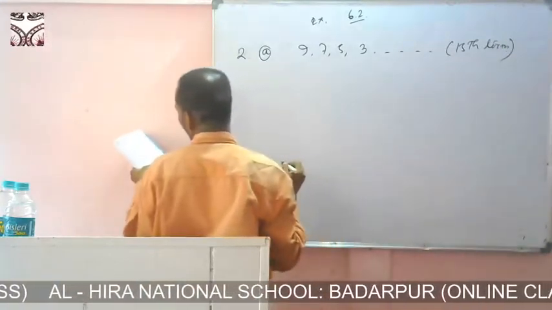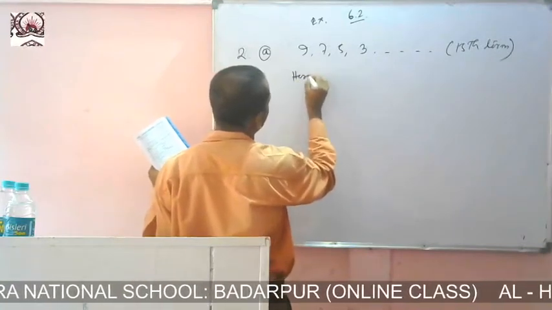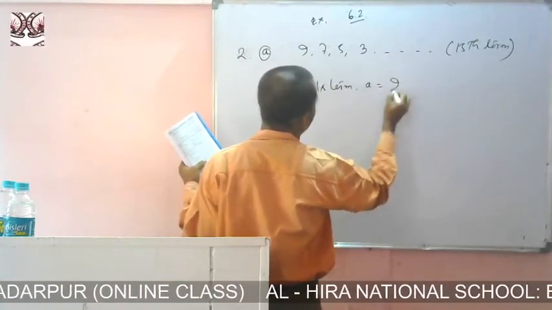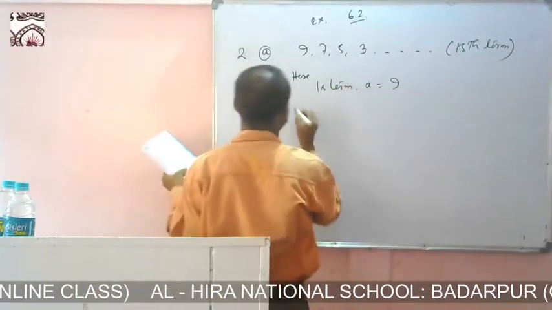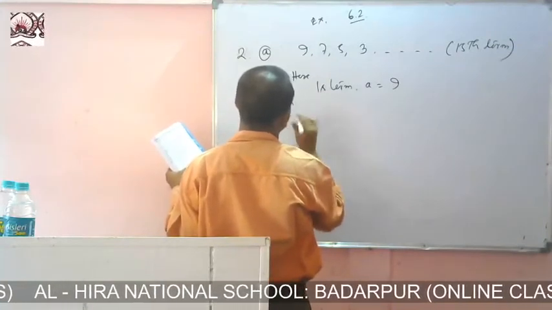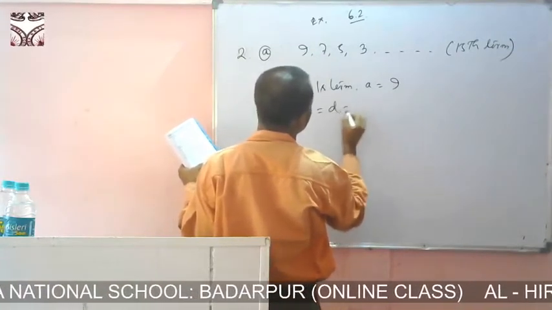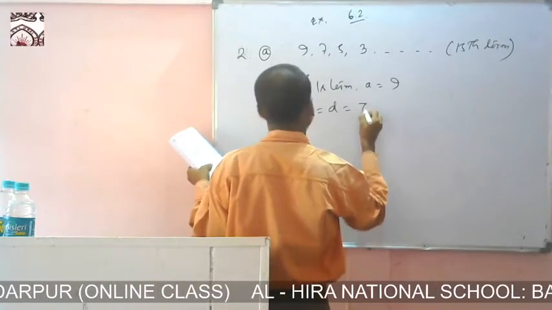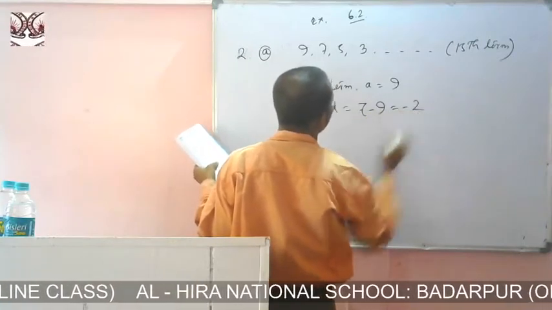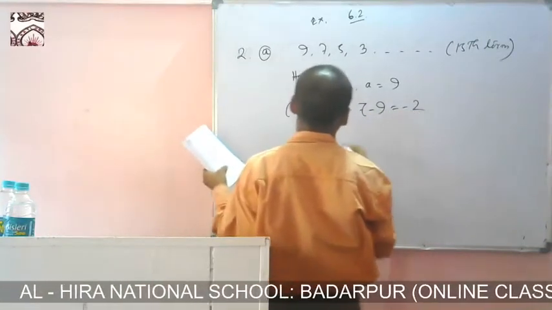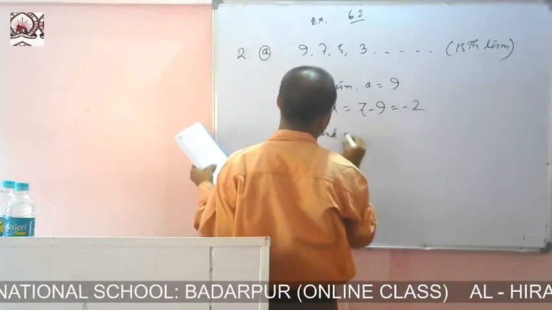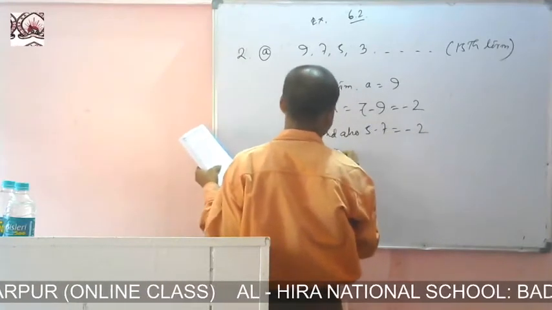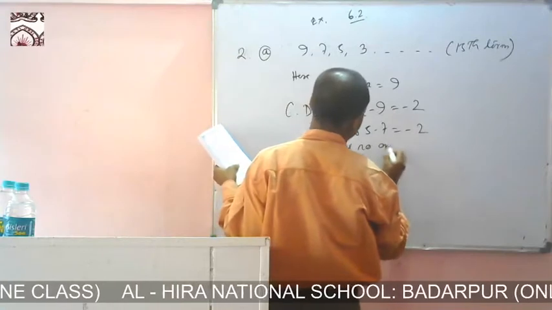So you see, the first term A is 9, and the common difference D is 7 minus 9, which is minus 2, and also 5 minus 7 is minus 2, and so on.